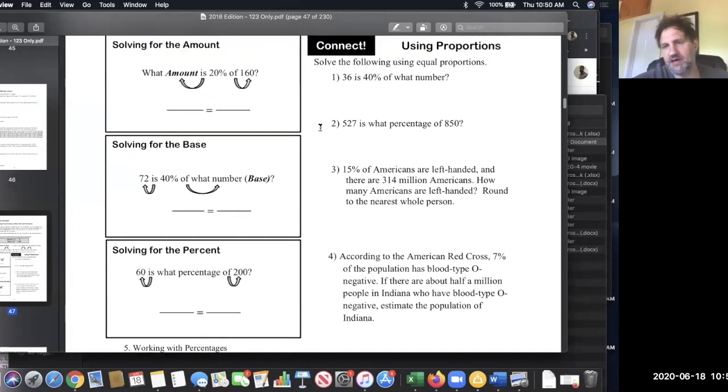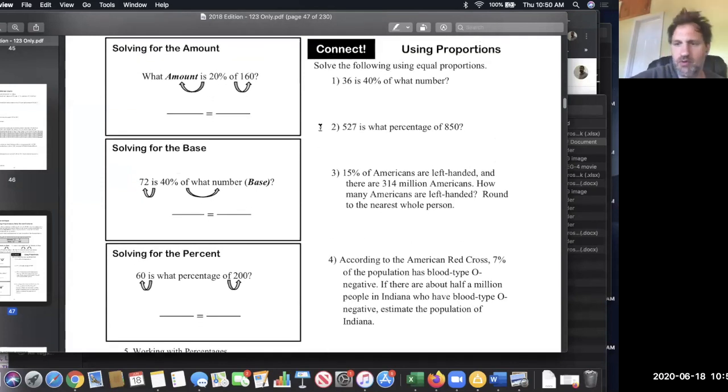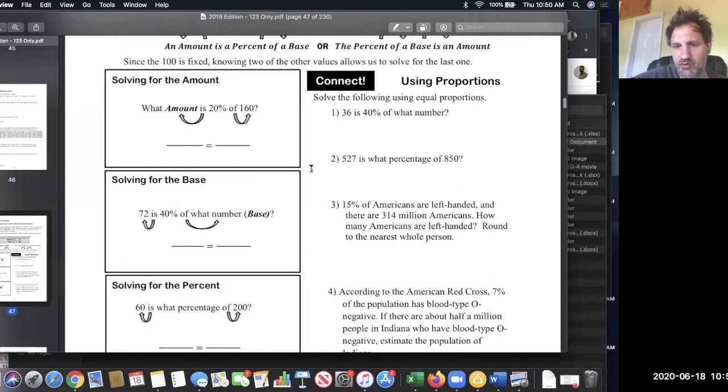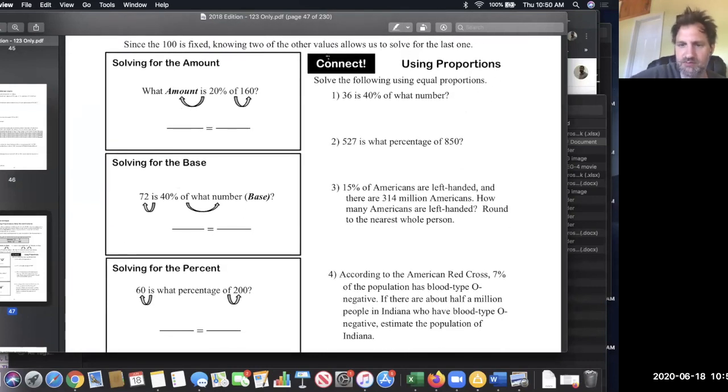Well, I mean, you've kind of identified the real hard point of this whole proportional method. I typically think of this as part to whole rather than is and of. So when you're looking at a question, you're trying to figure out which one is the part and which one is the whole.